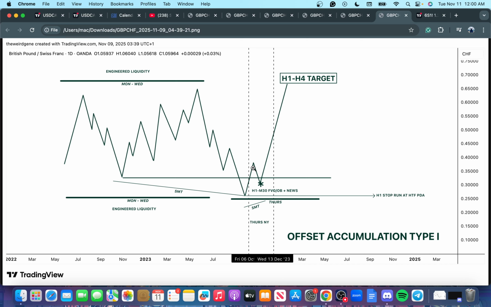Now, like I've told you before, interbank change in state of delivery is when the market invalidates previous fair value gaps by inverting them. So when you start to get your inverted fair value gaps, right? That is your interbank change in state of delivery.